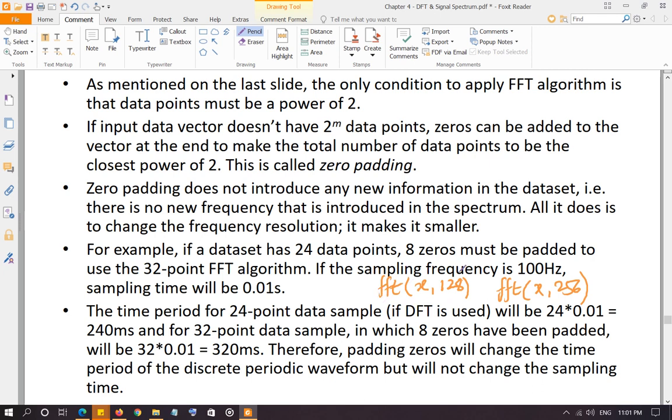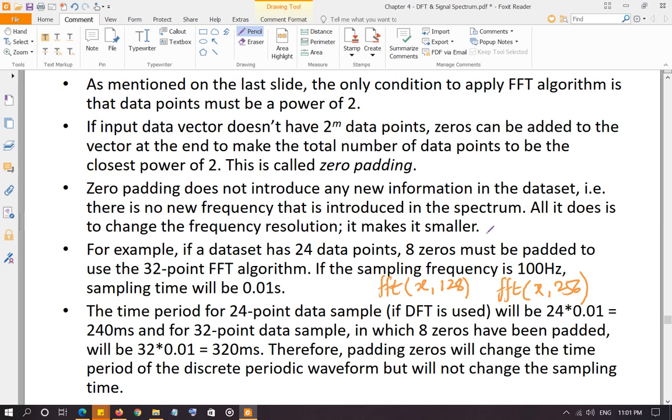But when I ask you a question, like, calculate the frequency resolution, if I give you 100 points, use the FFT formula, evaluate the signal and give me the frequency resolution, you're going to say the closest power of 2 is 128. That means 28 more points will be added to the 100 points. Now the total length of the input vector becomes 128. So the frequency resolution is going to be fs over uppercase N. That's all you're going to do. You're not going to go up to 256 points. So go to the closest power of 2 when a question is asked.